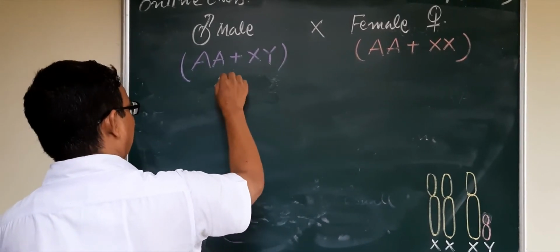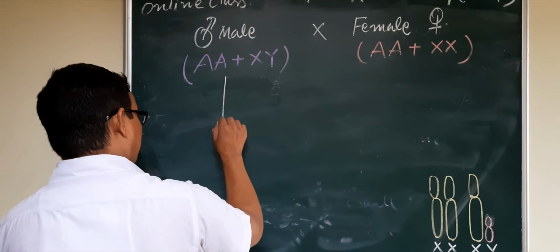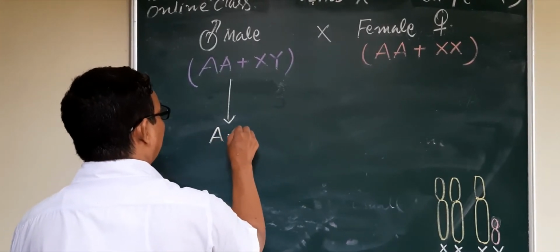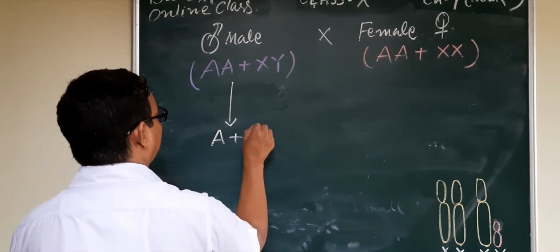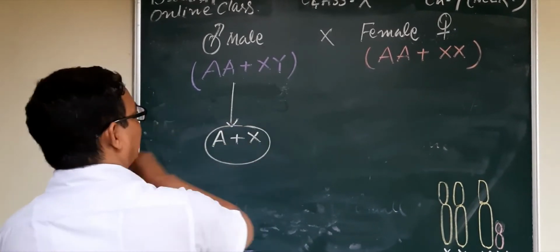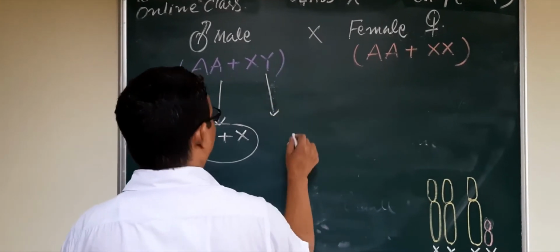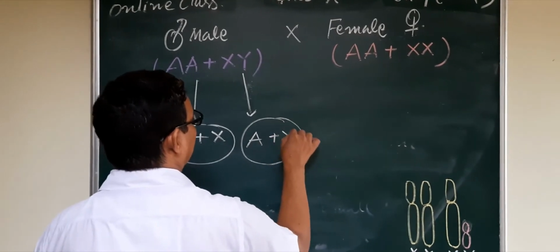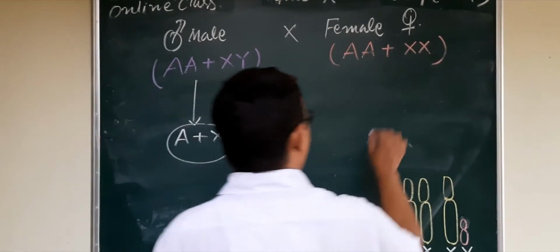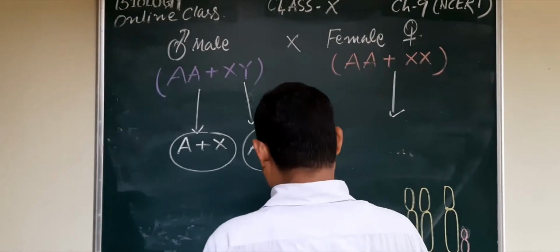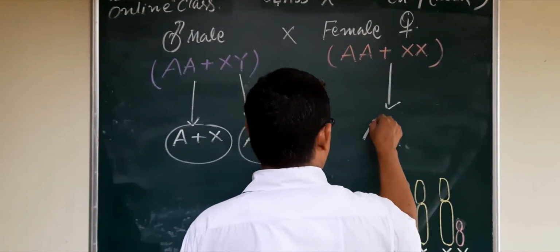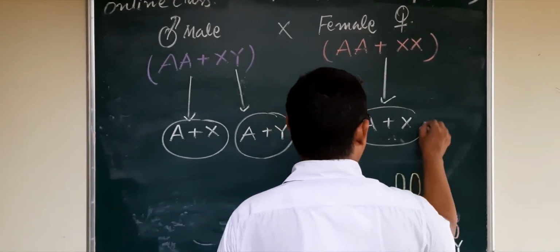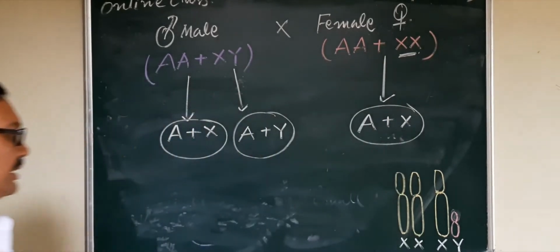In the case of the male, the first possibility may be A plus X. The second possibility may be A plus Y. Understand? But in the case of the female, there is only one possibility, that is A plus X, because these are similar.